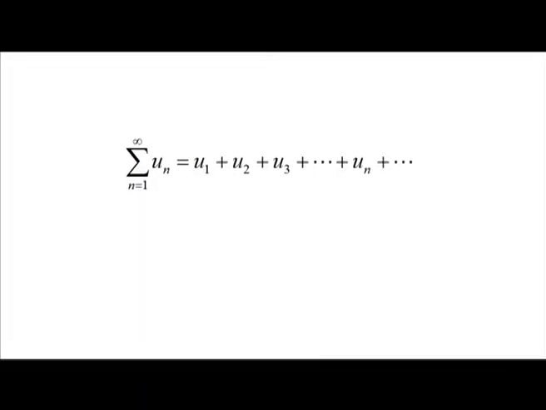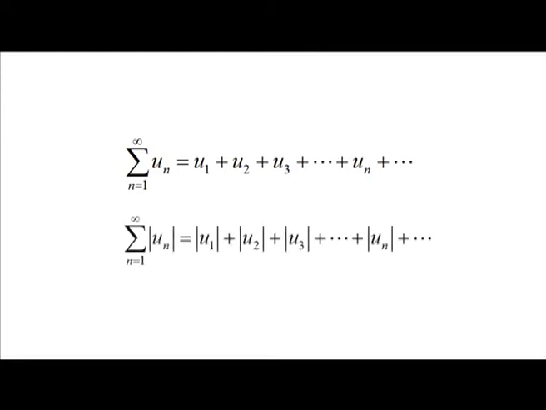A series summation u_n, n from 1 to infinity, equal to u1 plus u2 plus u3 plus etc. plus u_n plus etc., where u_n may be positive or negative, is said to be absolutely convergent if the series of absolute values, summation absolute value of u_n, n from 1 to infinity, equal to absolute value of u1 plus absolute value of u2 plus absolute value of u3 plus etc. plus absolute value of u_n plus etc., converges.